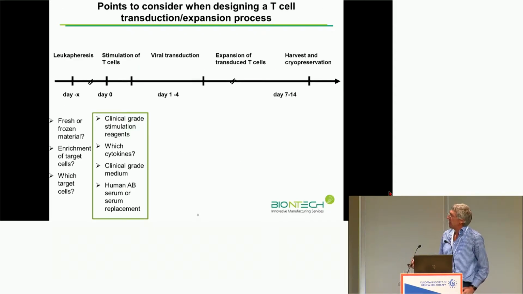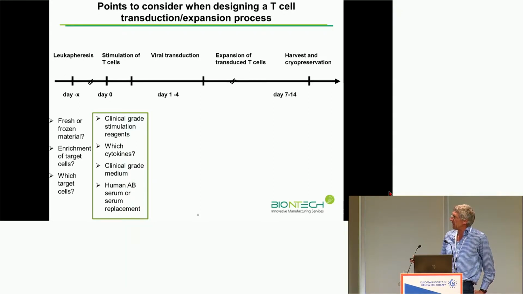Okay, so you have decided on one of these ways. As I said, I would recommend you go for frozen products which might be enriched for CD4, CD8 cells. Then you have to stimulate them, and you need for that clinical grade stimulation reagents. You need cytokines, but which cytokines are the right ones? You obviously have to have the cytokines in clinical grade or in GMP quality.